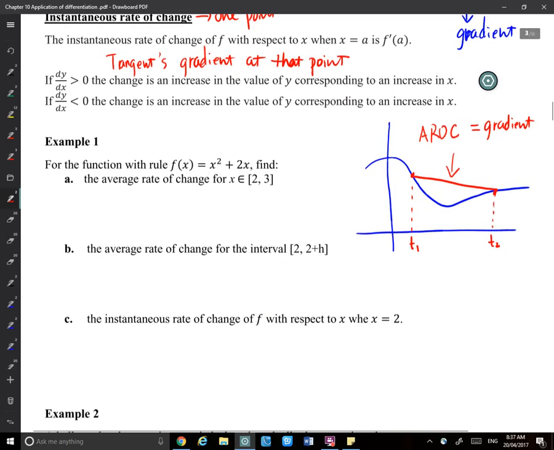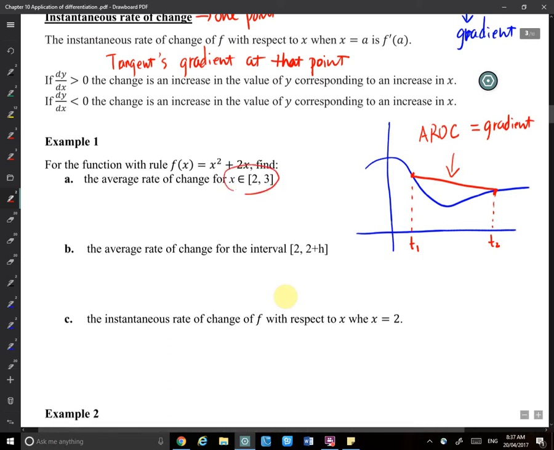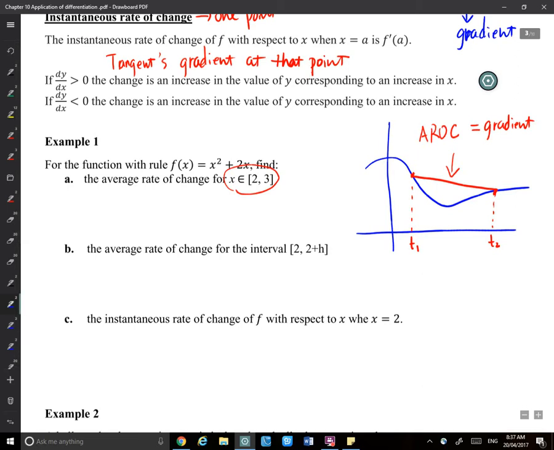Let's have a look at the example. Example 1. For the function with rule f(x) equals x squared plus 2x, find the average rate of change for a period of time, x in between 2 and 3. You don't need to worry about what happens in between. You just see the starting point and finish point.